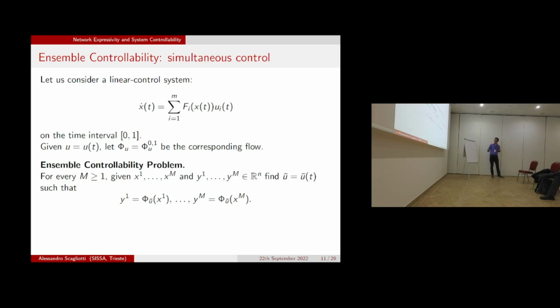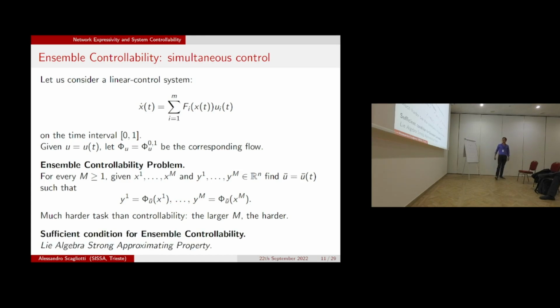The problem now is to find an admissible control u bar such that the corresponding flow maps each initial point onto the corresponding target point. Of course, this is a much harder task than before because all these identities must hold simultaneously. And of course, the larger m is, the harder this controllability task is.